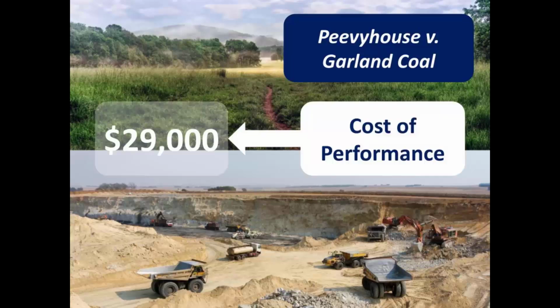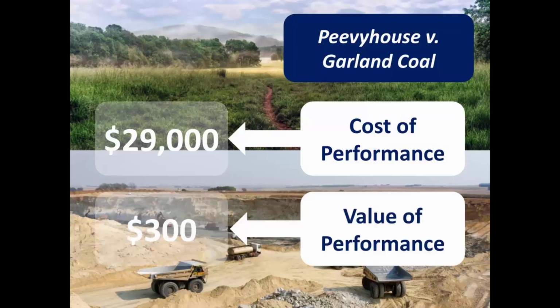The cost of performance is estimated at $29,000, but the Peavey Houses seek just $25,000 in damages. Testimony at trial established that restoring the land would only increase its market value by $300. The jury, confronted with surprisingly vague instructions from the court, gave an apparent compromise verdict of $5,000, which was substantially more than the market value of the entire farm.